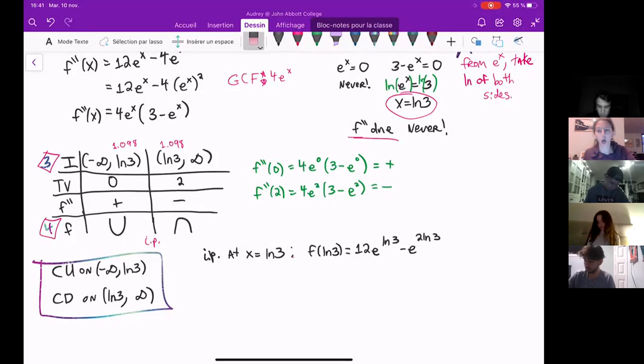I just briefly want to talk about how to solve this. What does e to the ln 3 equal? We just talked a second ago about how e and ln cancel each other out. So what is e to the ln 3? 3. It's just 3. You got it. So this is equal to 12 times 3.